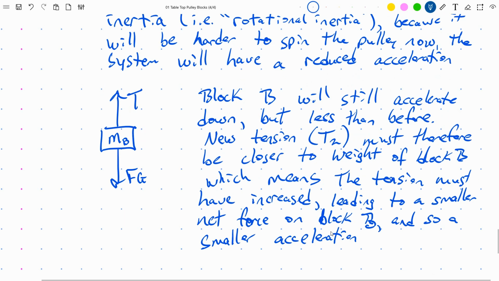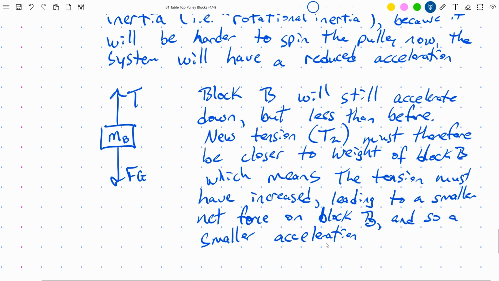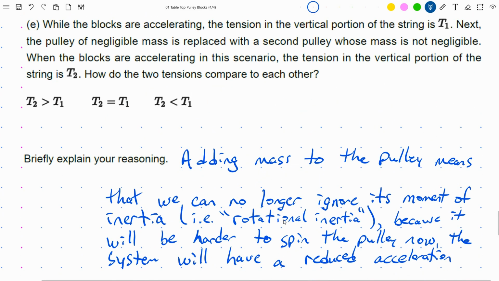Okay, and let me not forget here that since I think I've convinced myself and I think that this physics is sound, I'm going to go back here and just circle the one that is consistent with what I just said. The new tension will be larger than it used to be, so that's the first choice right here. So the new tension T2 is greater than the original tension T1. By the way, make sure you don't miss that. I've been reminding you throughout this whole solution to make sure that you've answered the question.